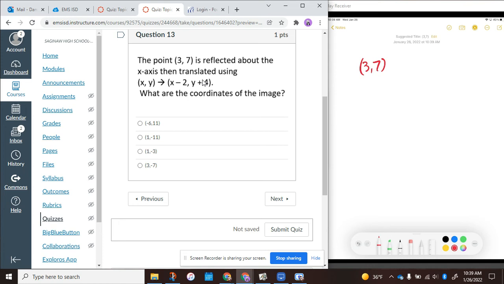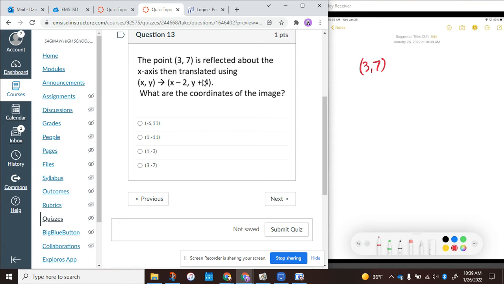So in your topic 8 notes, you can see what happens when you do a reflection over the x-axis. When you reflect over the x-axis, something happens to your coordinates. What you're doing is you're going from the top of the graph, flipping straight down to the bottom. Imagine that in your mind. You're taking this point, you flip it straight down to the bottom.